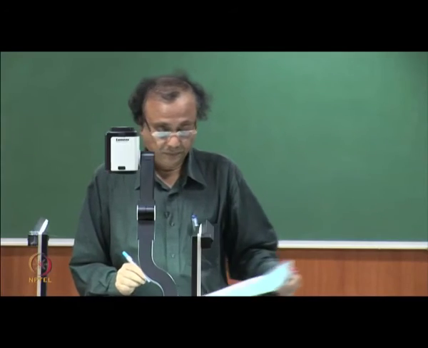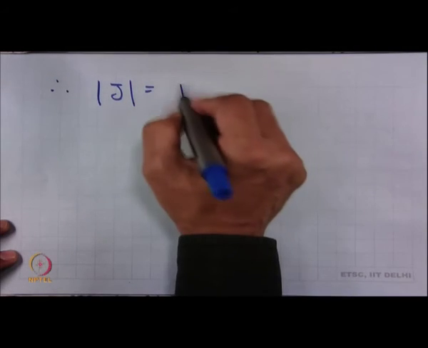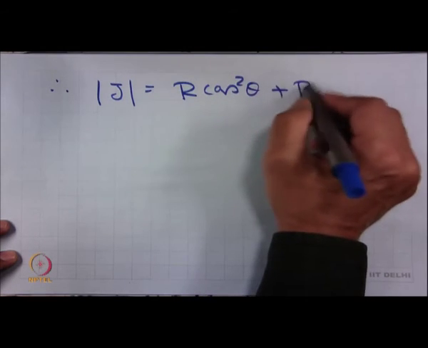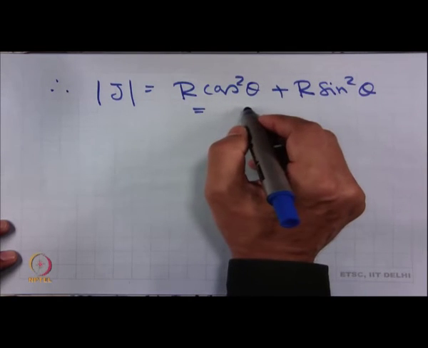Therefore, the determinant of J is equal to r cos square theta plus r sin square theta is equal to r.